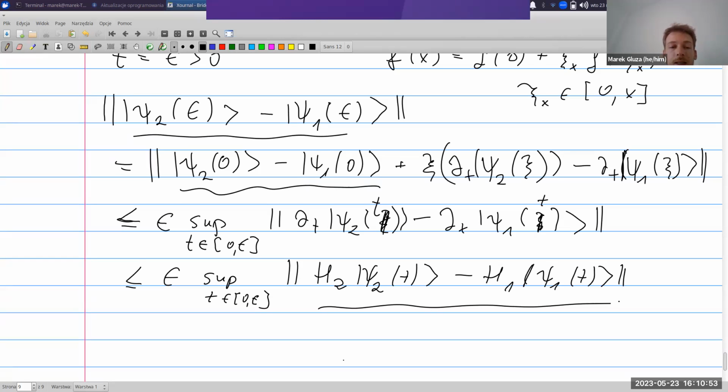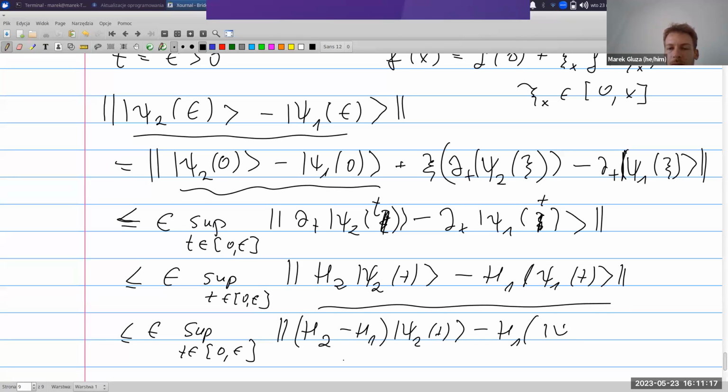I think what we can do now, I need to think whether we can do it that way, is take t in 0 and epsilon, and then consider H2 minus H1 applied to psi2 of t, minus H1 applied to psi1 of t minus psi2 of t.